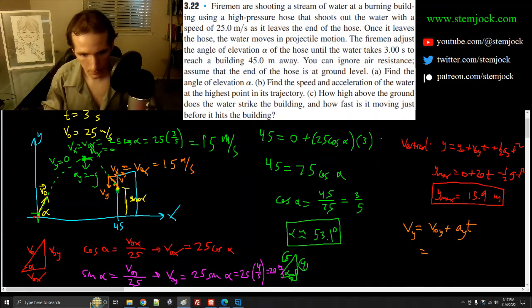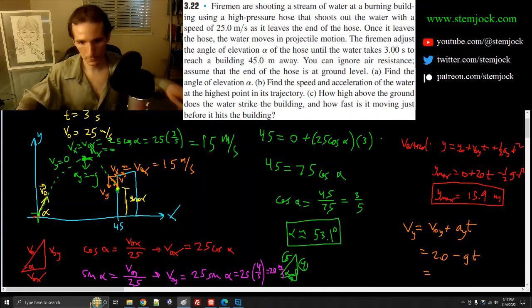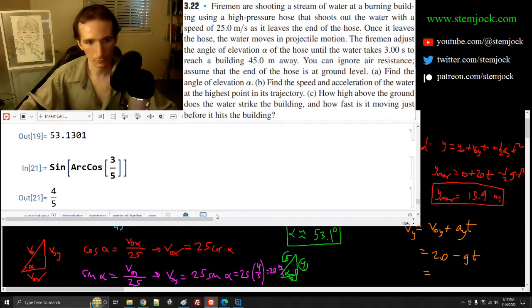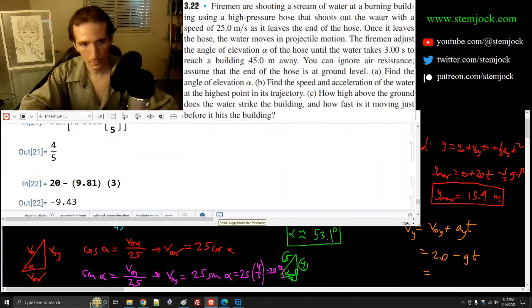That is 20. Ay is minus g, t is 3 seconds, g is 9.81. So let's use the calculator once more. 20 minus 9.81 times 3. Negative 9.43.